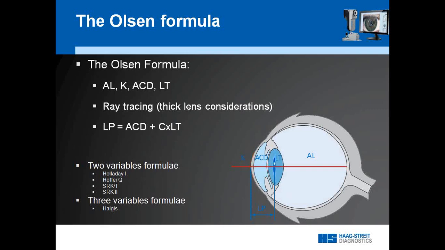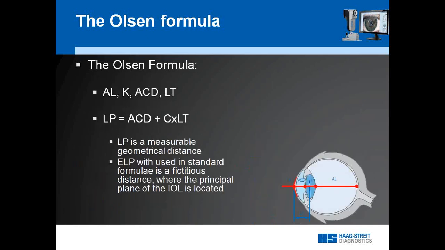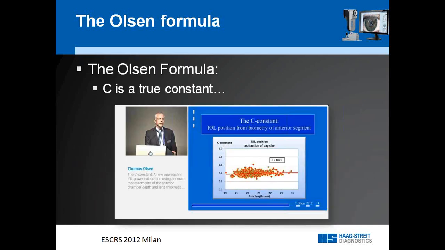Now let's have a look why he calls this the C constant. He actually did a large study on more than 1,000 eyes. That's on one lens, and what you see here is the plot of where the lens sits in the capsular bag plotted against the axial length.